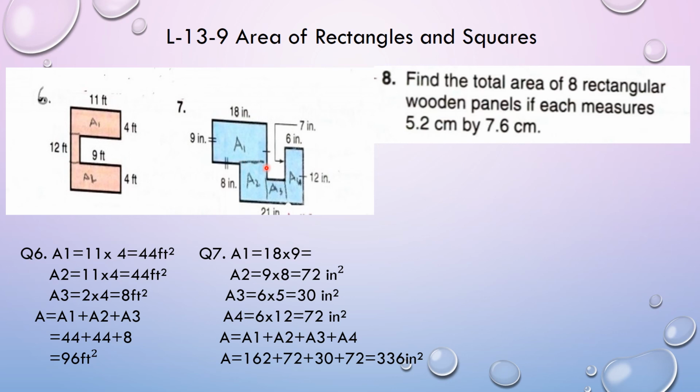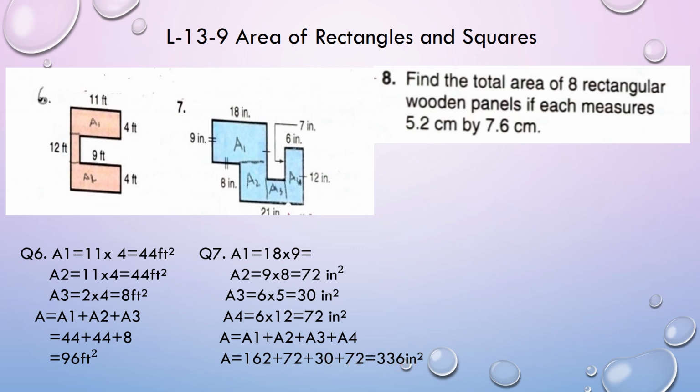Then how much is remaining is this, and this one 6. Okay. Understood? Then this one again, this part is 6 and here is 12. Then you can see here 6 and 12 is 72. Then you can add up all the areas, okay, and you find your answer.